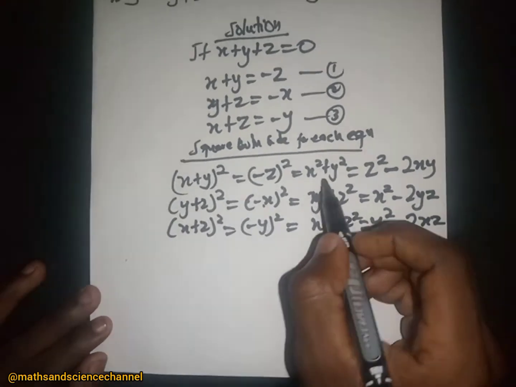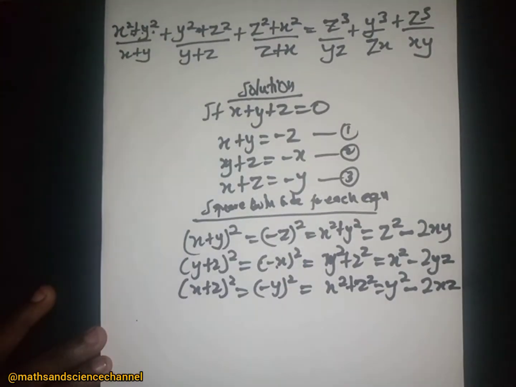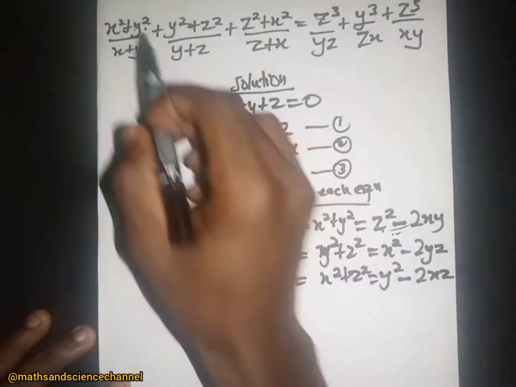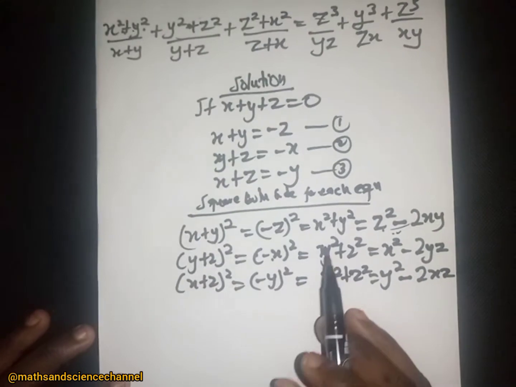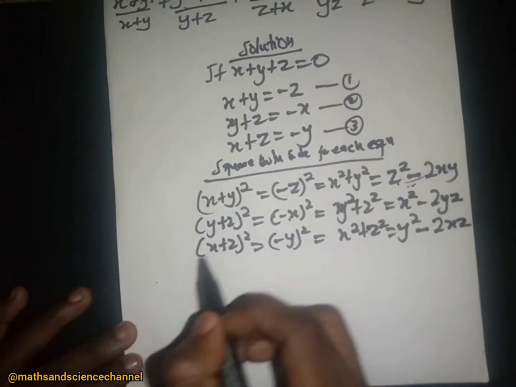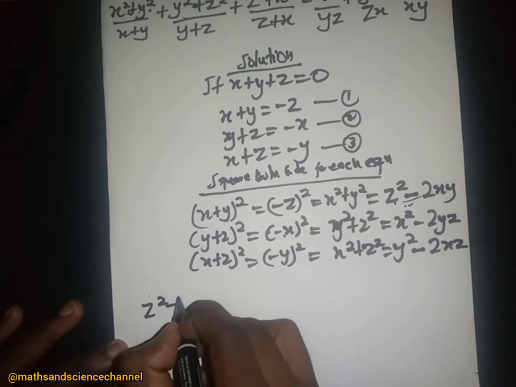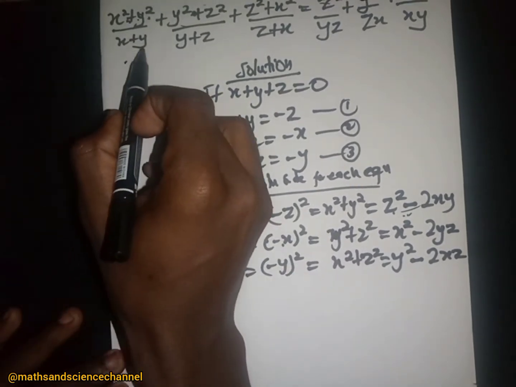Now what we are going to do is that we have x squared plus y squared, so we can substitute this into that, then we substitute this into that, then also to the other side. So we have x squared plus y squared being z squared minus 2xy, then divided by x plus y.